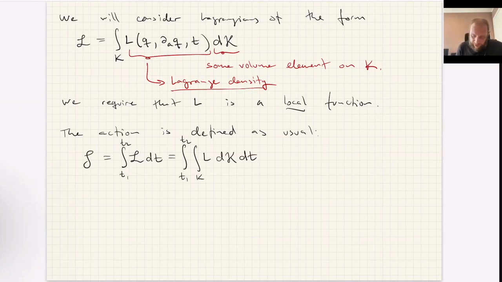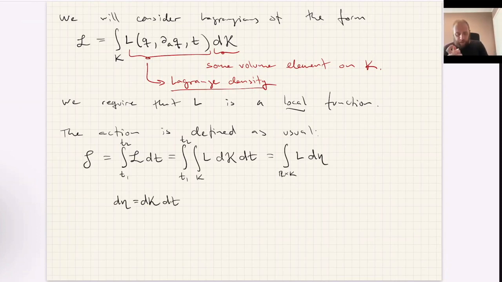So I can essentially write this as the integral over R cross k of the Lagrange density, and then I can define some new measure. Let's call it eta, where eta here is just dk and dt.